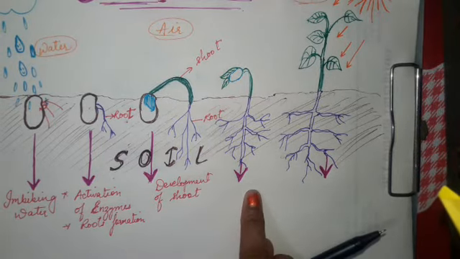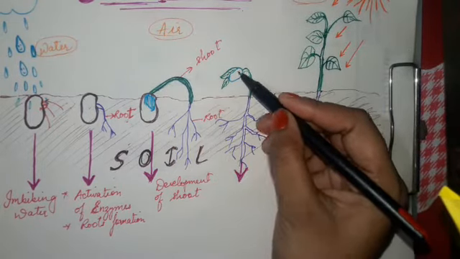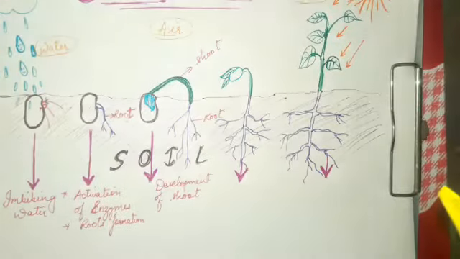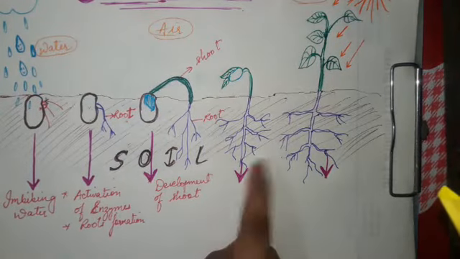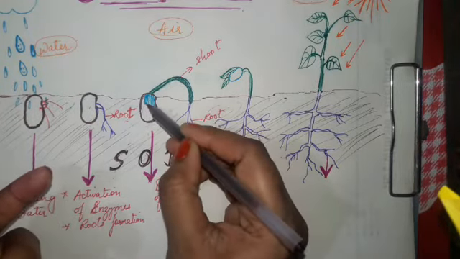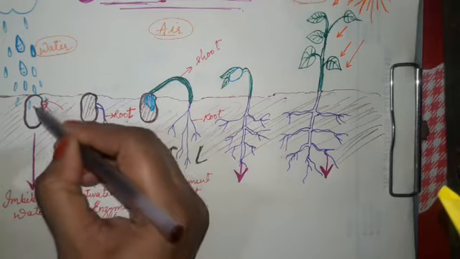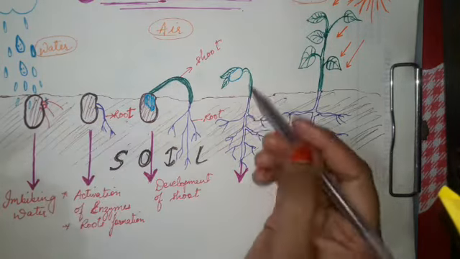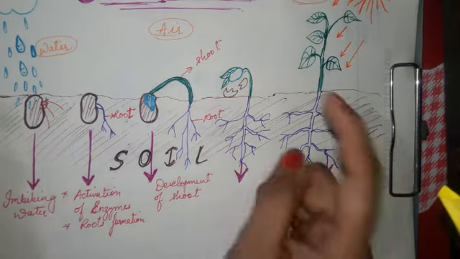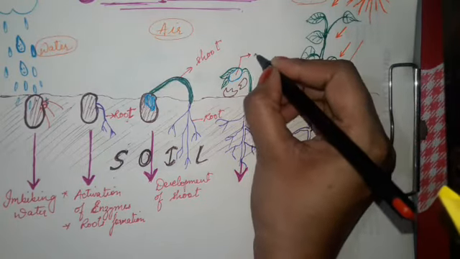In the fourth step, there is formation of cotyledon. The outer covering present on the seed breaks out, and you will be able to see the cotyledon very clearly.